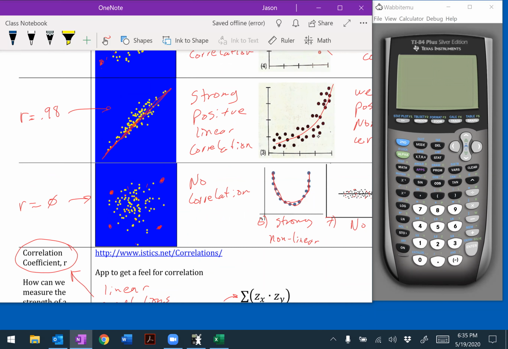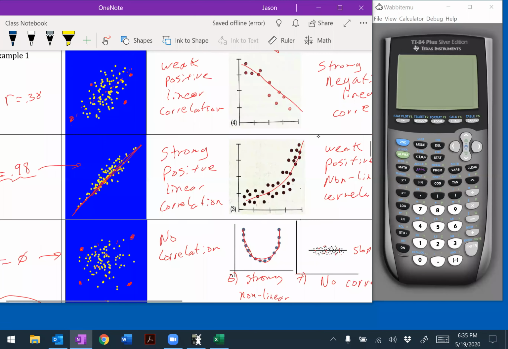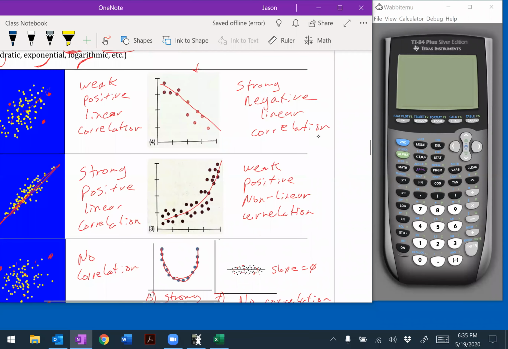The correlation coefficient is directly related to the slope of the line. Very strong slope, very close to 1, that's what we're looking for. Strong negative slope, this is going to be like negative 0.87. R is equal to negative 0.87.